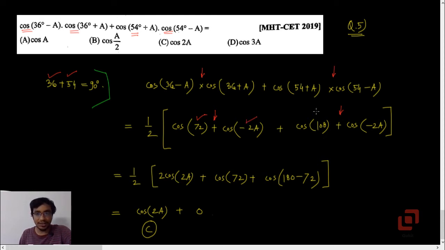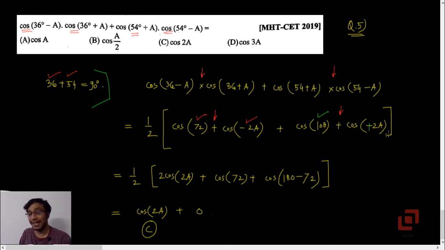Repeat the process there. 54 plus a plus 54 minus a, 108. 54 plus a minus 54 minus a, so that will be minus 54. Yeah, okay, I mean now it should have been 2a, right? Because here 54 plus a comes first.